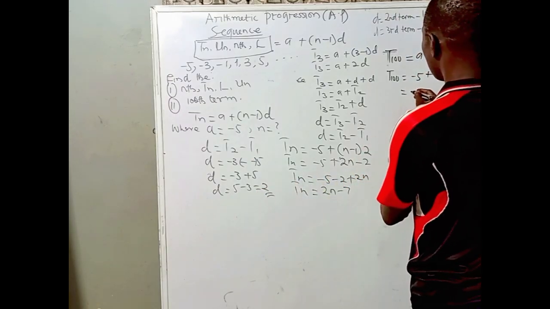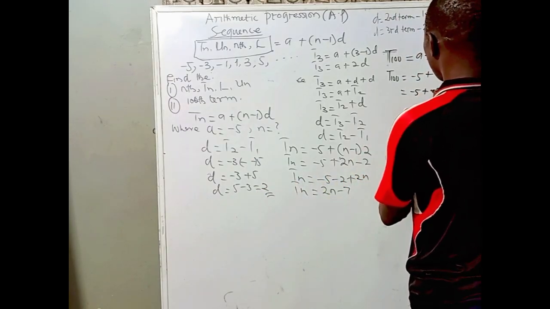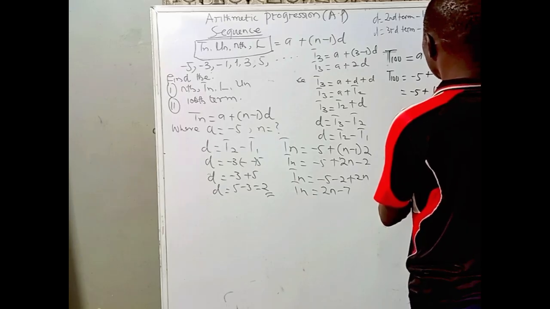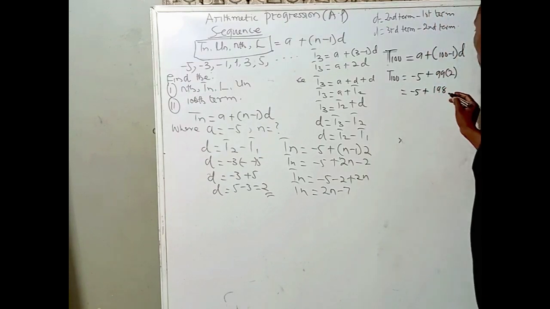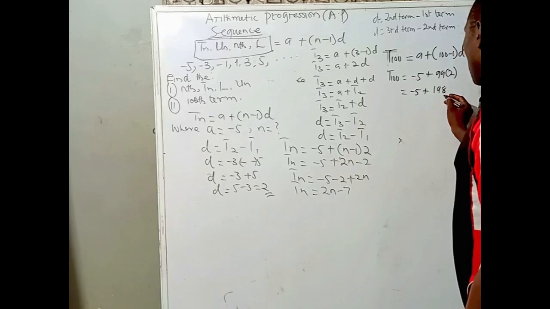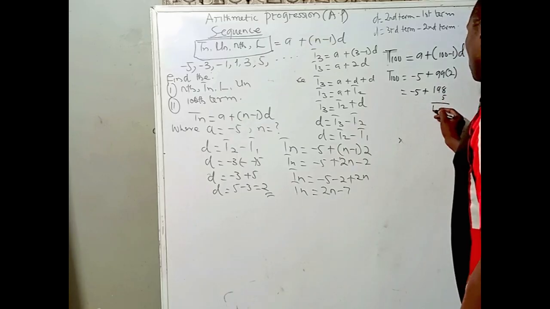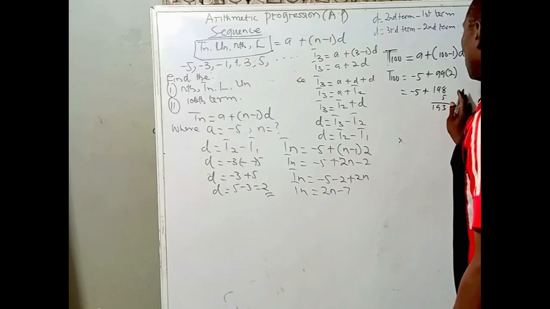So here will be negative 5 plus 198. We take 5 from this, it becomes 193.